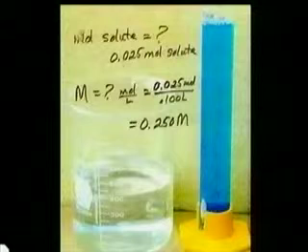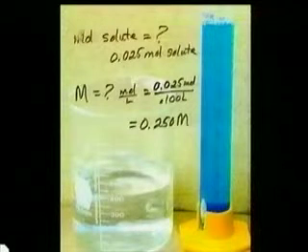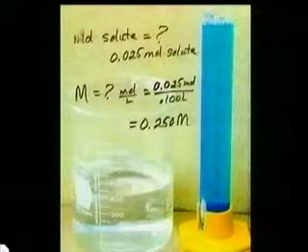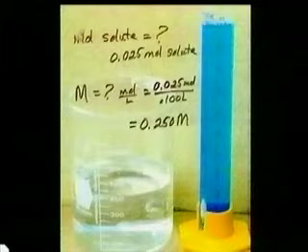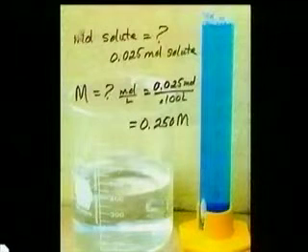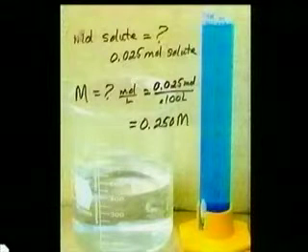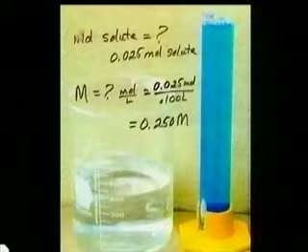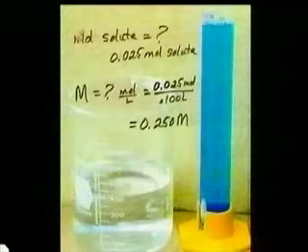We've diluted up to the 100 milliliter mark. And the question now is, how many moles of solute do I now have? Anyone? How many moles of solute do we now have in that graduated cylinder?